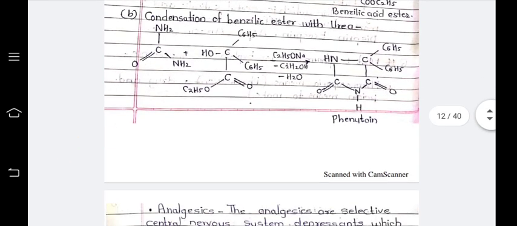Reaction condition is KCN, C2H5OH, benzoin condensation, which gives benzoin, which on dilute nitric acid gives benzil, which again on reacting with C2H5OH, the benzilic acid ester is formed.